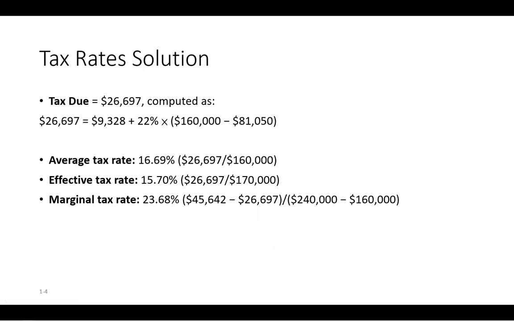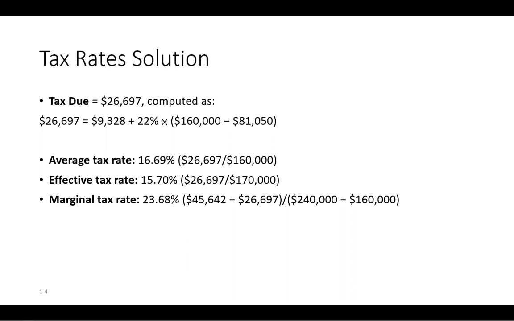So let's just do that. It's terrible, I don't have my calculator in front of me. I'm using my phone. I hate using my phone. Sorry. So the additional tax they'll be paying in that numerator should be $18,945. Because they have that additional $80,000 in income, they're paying an additional $18,945.